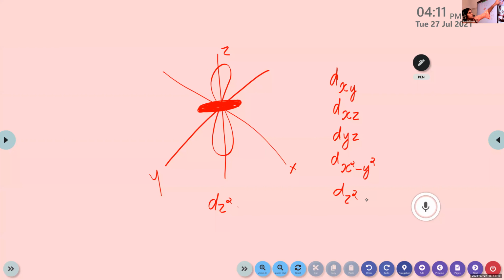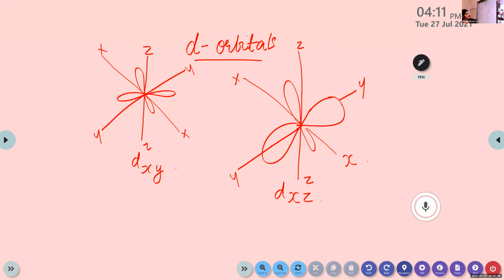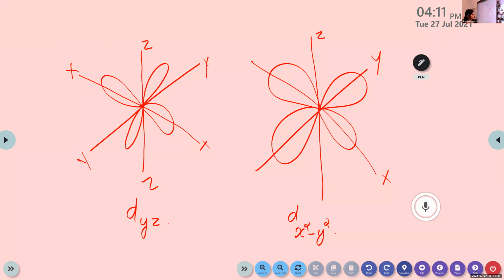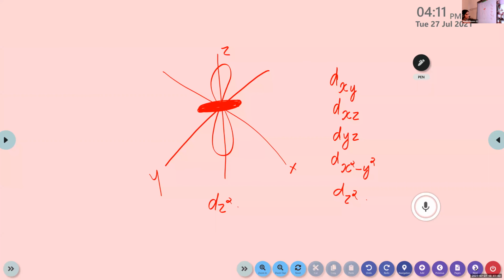And all these orbitals have the same energy. In the case of p orbitals also, they all have same energy. These are the 5 types of d orbitals.